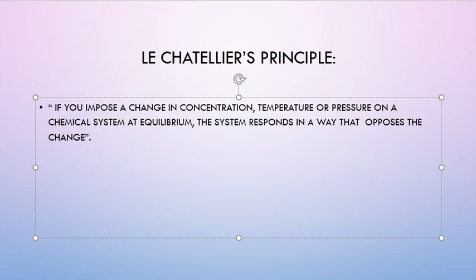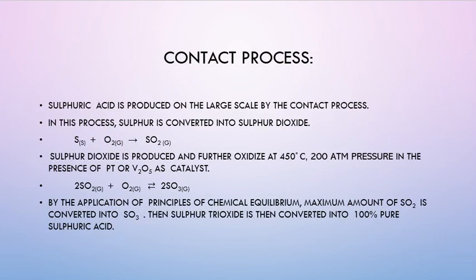Now what is meant by this principle? As I have told you, if we constantly, or after every several intervals of time, remove the product, that is sulfur trioxide, from the reaction medium, then what is going to happen?